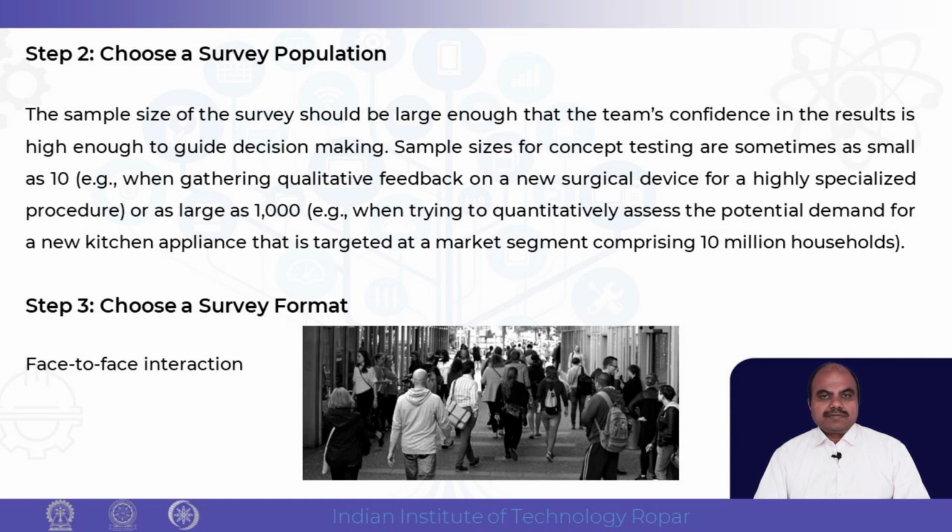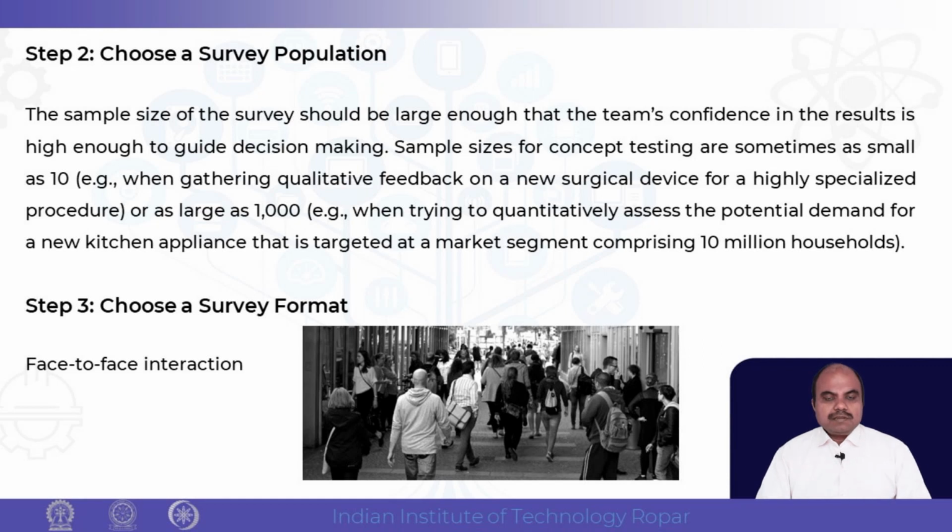There are different kinds of survey: face-to-face survey, online survey, questionnaire. Questionnaire can be given online or offline. It could be interactive, it could be non-interactive. Survey can be done individually.